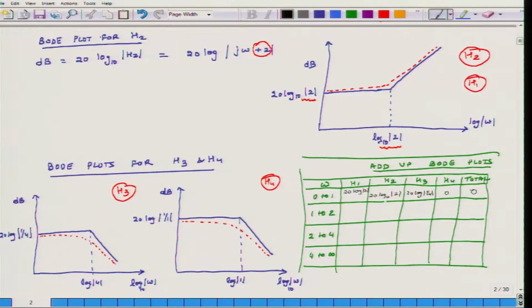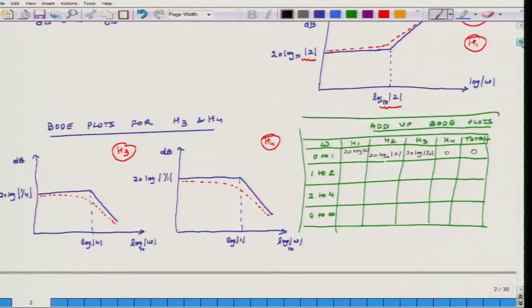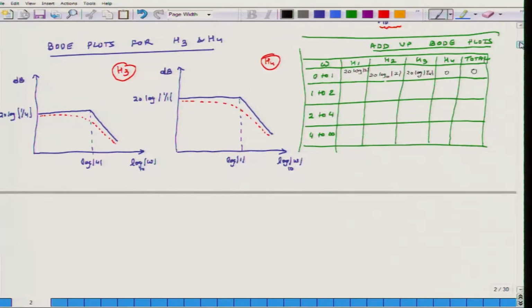So, in the range 0 to 1, the overall contribution is going to be 0 decibels. Okay. And we can fill up all other parts of the table, but it just turns out that at least in this case we do not necessarily have to fill up all the other parts of the table.